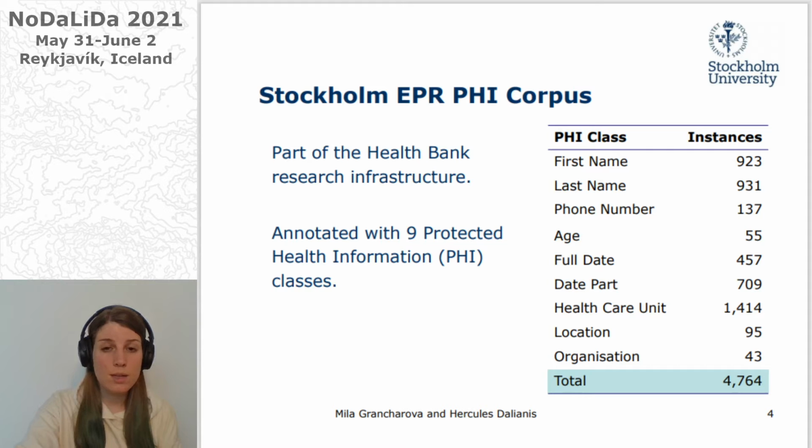This is a data set manually annotated with 9 named entity classes, or what we call protected health information classes. You can see here in the table to the right what these classes are. As you see, this is not a very large data set, and also there is a significant class imbalance in the data.